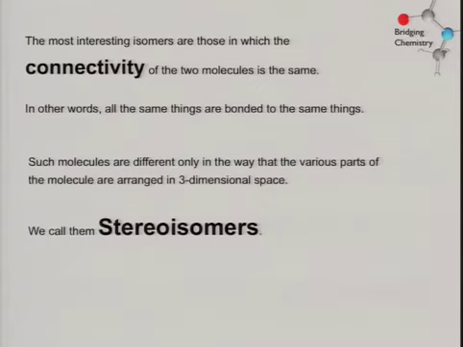These sorts of molecules are only different in the way that the different parts of them are arranged with respect to each other in three-dimensional space. Right? So they're not different in terms of how they're put together, how their different parts are connected to each other. They're only different in the way that certain parts of the molecule are related to other parts of the molecule in 3 dimensions. And so for this reason we call them stereoisomers.